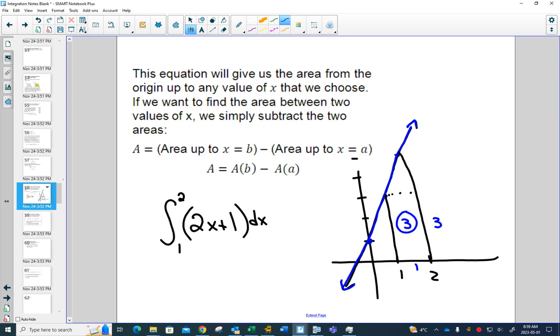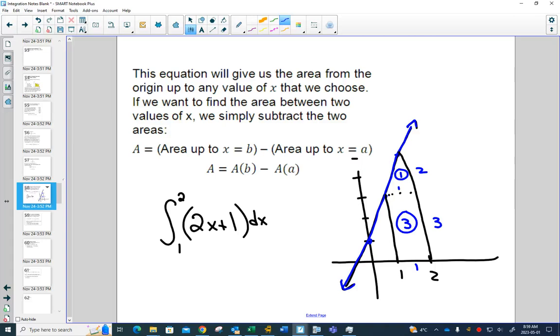And this little part makes a triangle, which still has a length of 1 and this time has a height of 2, and base times height divided by 2 would tell us this has an area of 1. So we could say that that whole shape under that curve has an area of 4. And we didn't need calculus for that, because it was a nice shape.